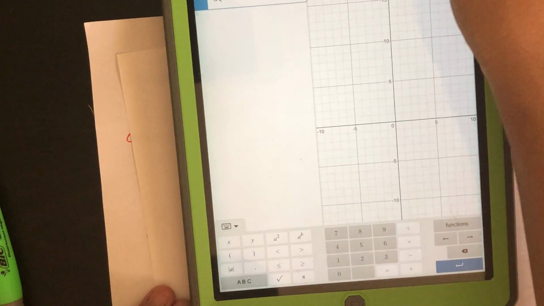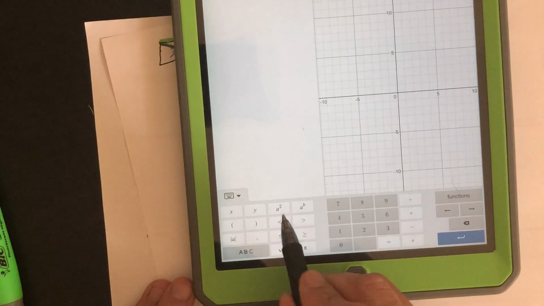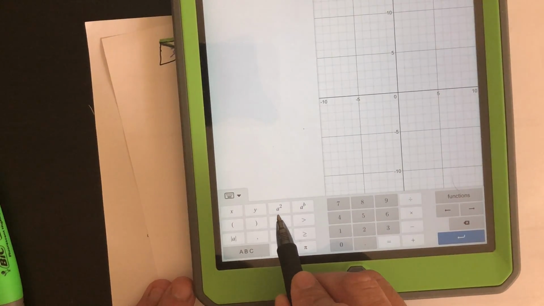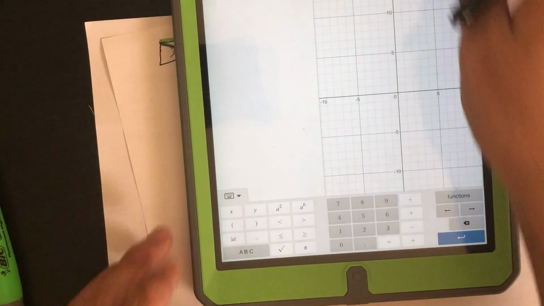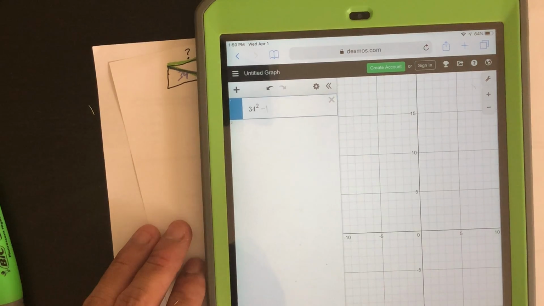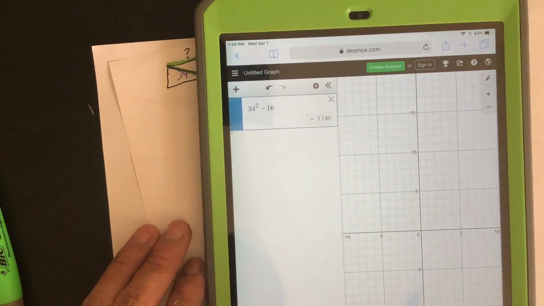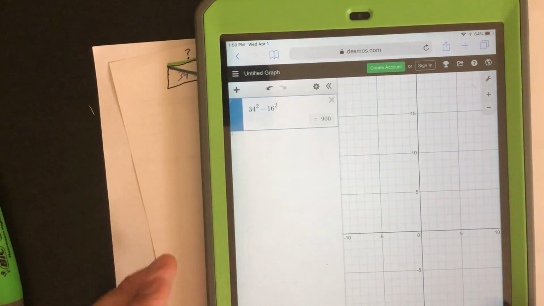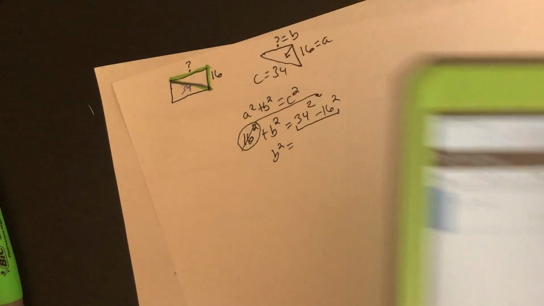Now, if you forgot where the square is at, the square is right here where it says a to the power of 2. If you click that, it gives you your square. Then minus 16 squared. And that gives you 900. Okay?